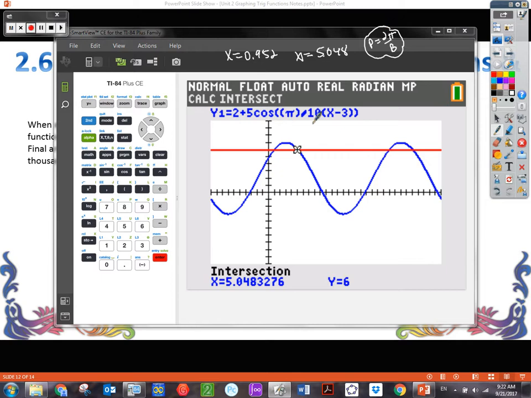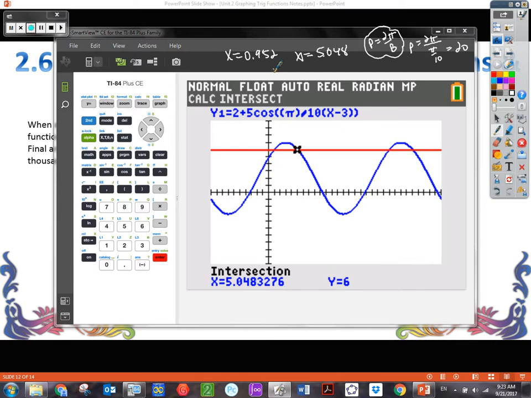Our b is pi over 10, so the period is 2 pi over 10. When we fix our complex fraction, we get 20. So the period for this function is 20. We all okay with that? Just to double check, I'm going to find this intersection and see if it's 20 spaces away from this one. If it is, we know we have everything and we can stop.